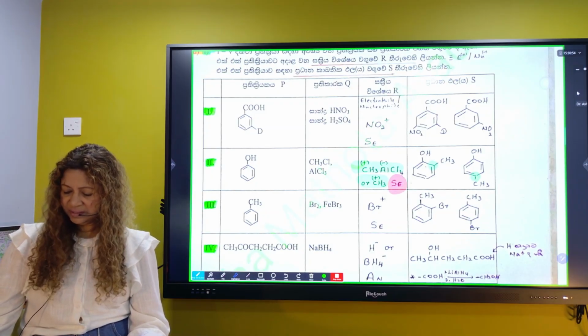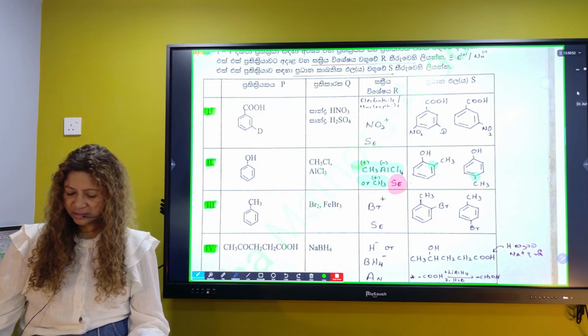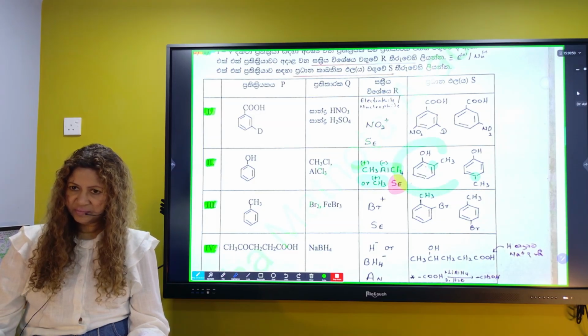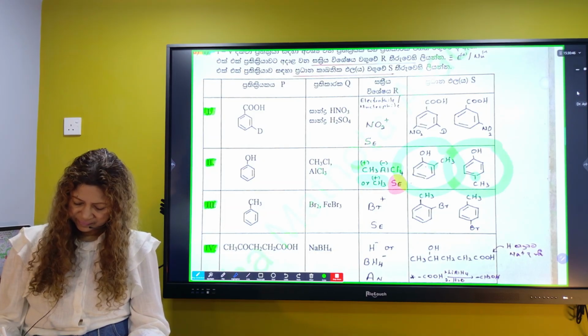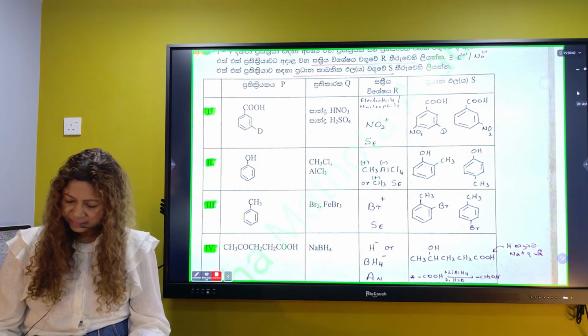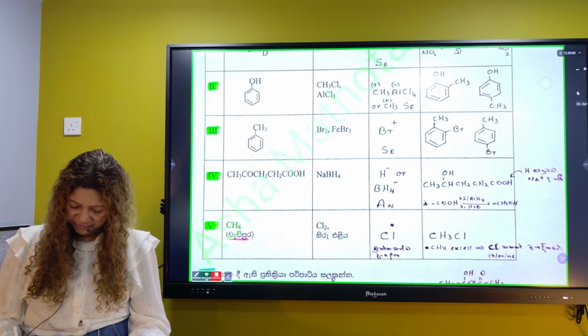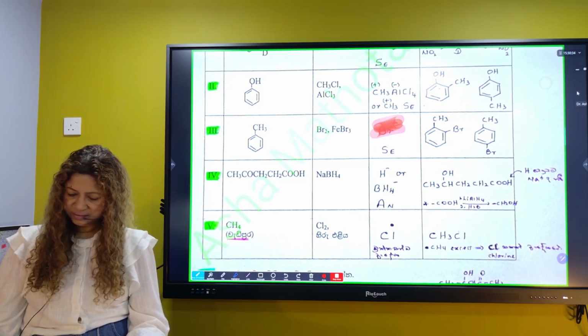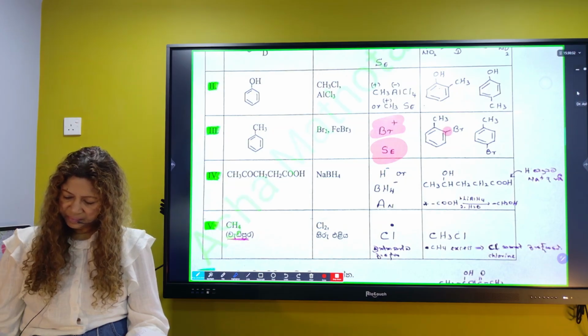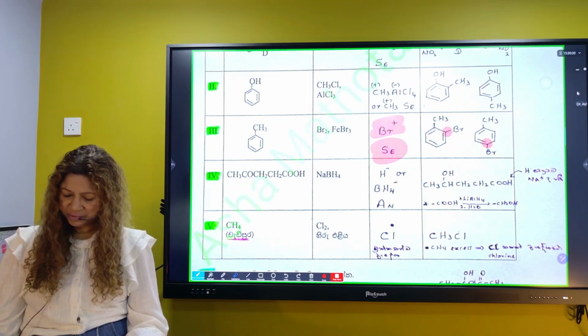But in the new syllabus they say Friedel-Crafts reactions are not possible for phenol, if you remember. Remember? Okay, FeBr3, again electrophilic substitution, Br plus is the electrophile. Ortho-para positions. We're going to show both.